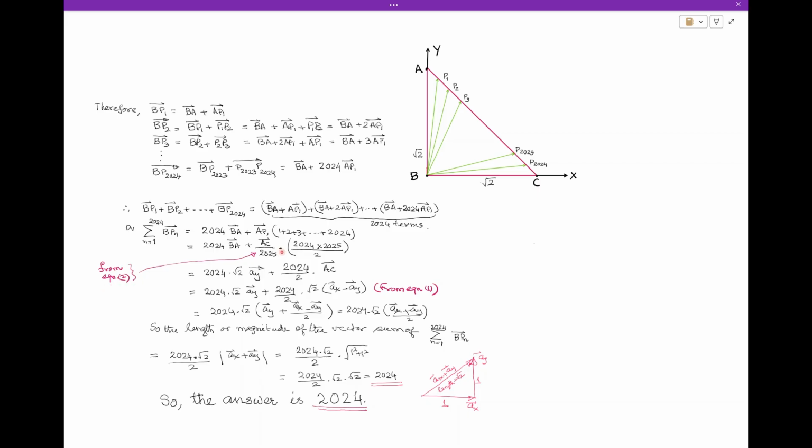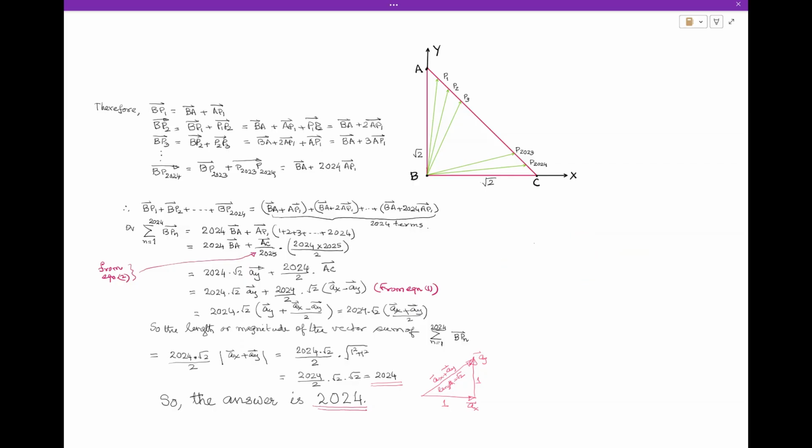And that would be multiplied by the sum of 1 plus 2 plus 3 plus up to 2024, and this sum is 2024 multiplied by 2025 divided by 2.